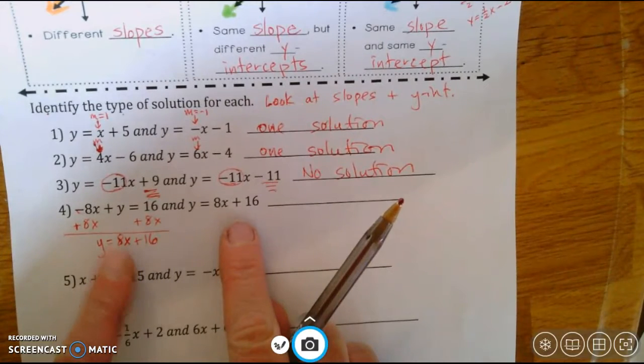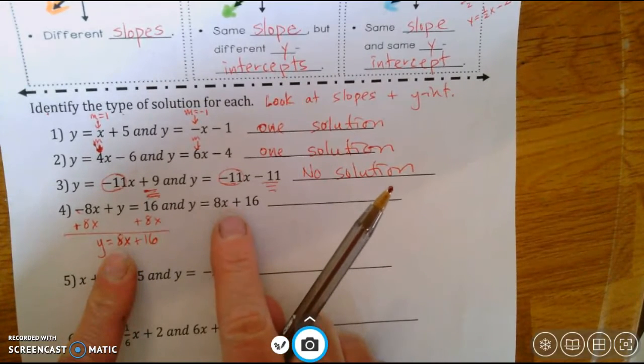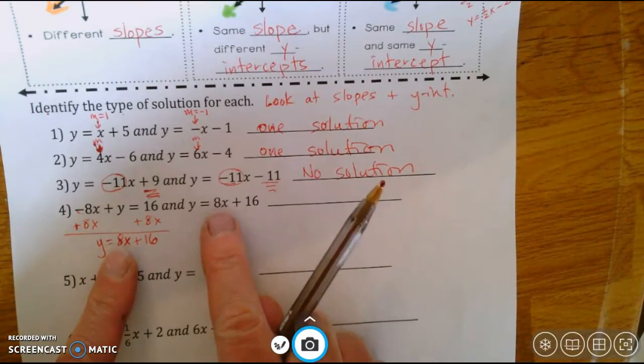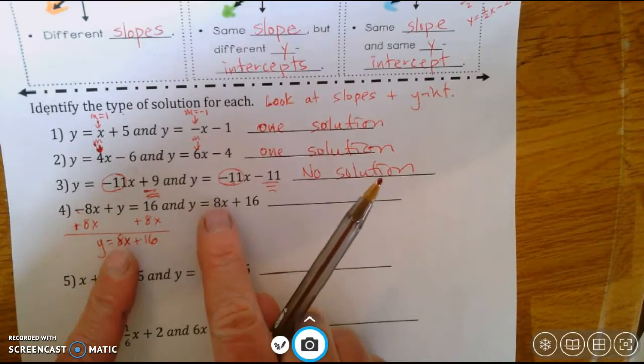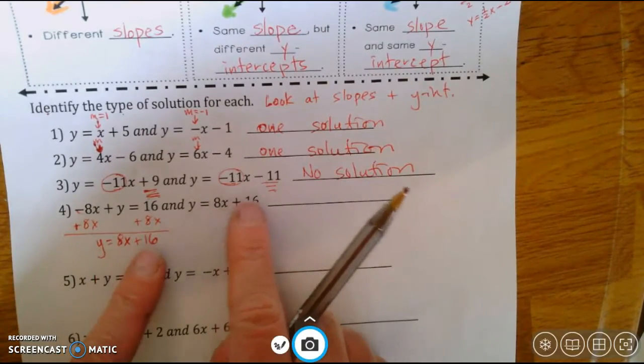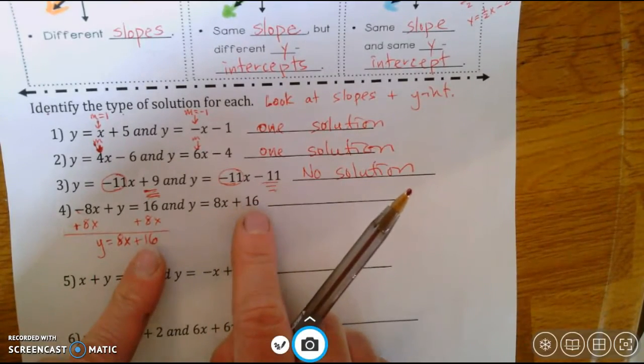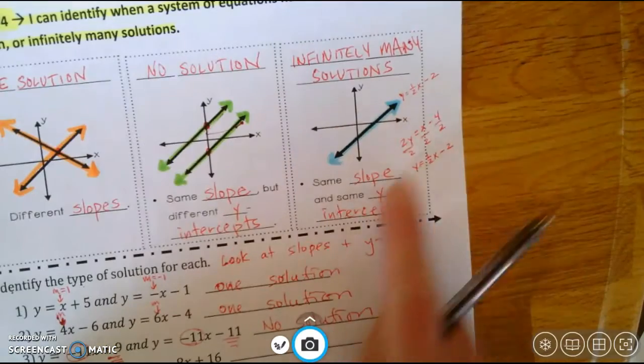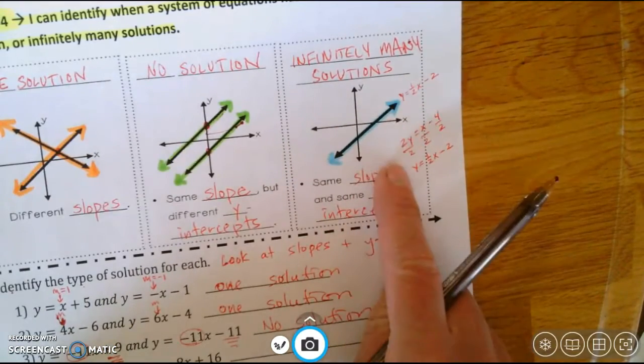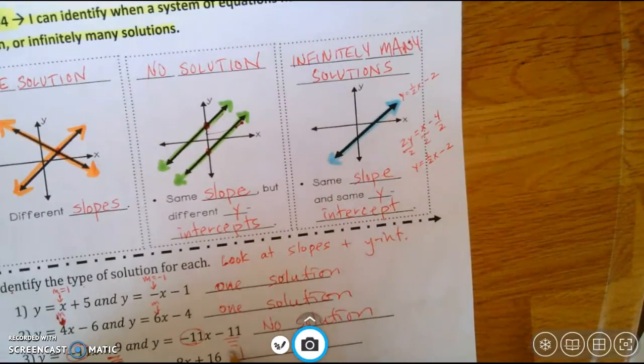So now that we have our equation in y equals form, we will see that it's the exact same equation as the other one given. So this system has the same slope. This system also has the same y-intercept. So finally, we get an example of a system with infinitely many solutions. If I can spell infinitely correct. There we go.